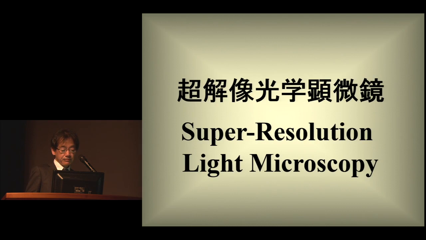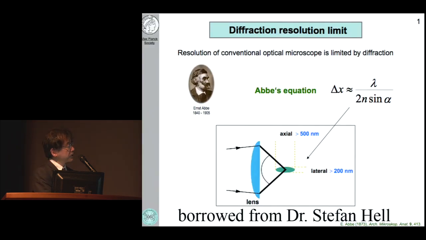Okay. And I'm very happy to say both Kaede and Dronpa made some contributions to the invention of super-resolution light microscopy. As you know, the spatial resolution of the light microscopy is limited by diffraction to about 200 nanometers in the focal plane.